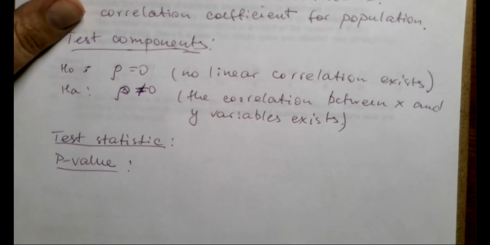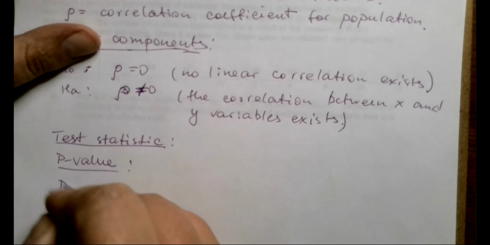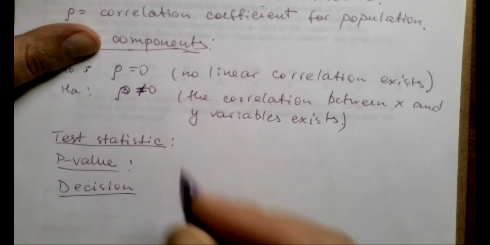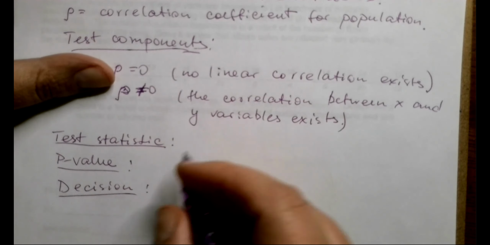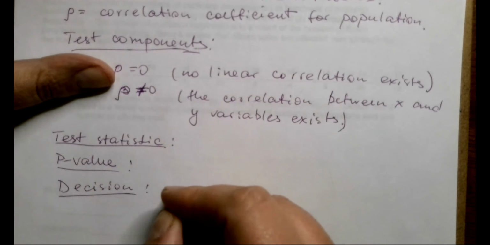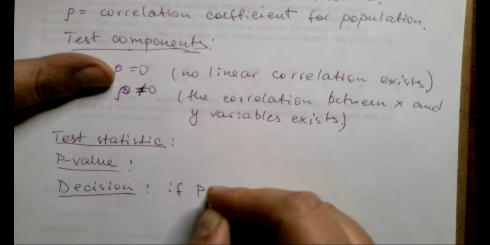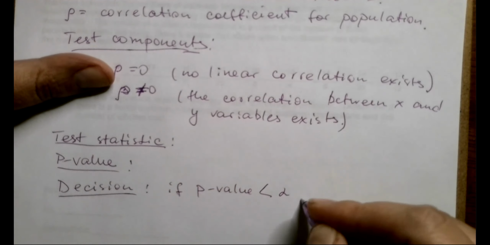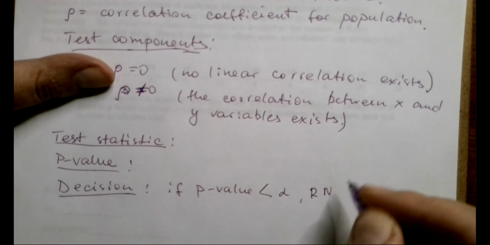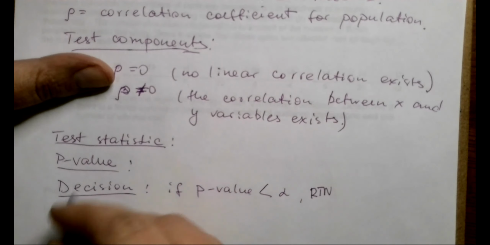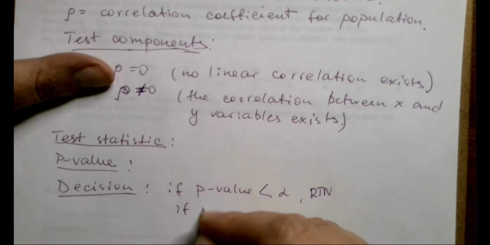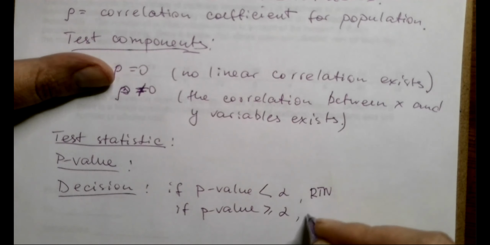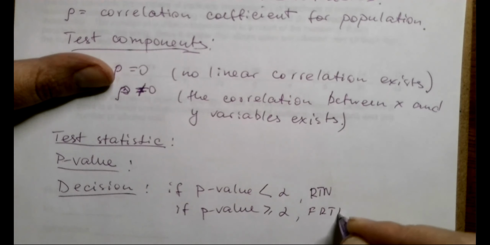So let's go ahead with the decision. Basically, if the p-value is smaller than alpha, then we're going to reject the null, and if the p-value is greater than or equal to alpha, we fail to reject the null.